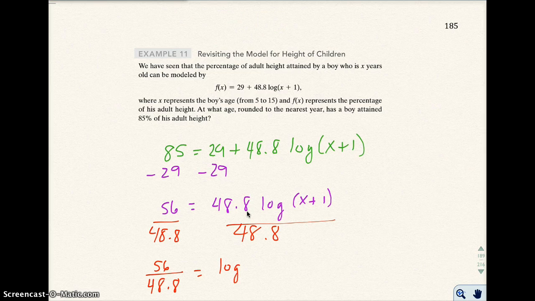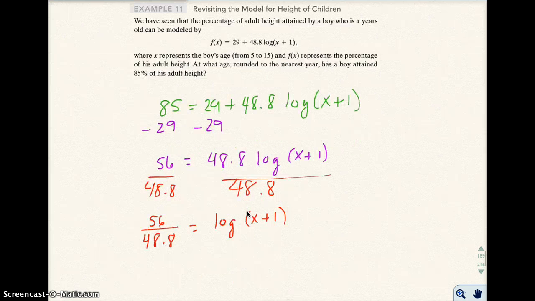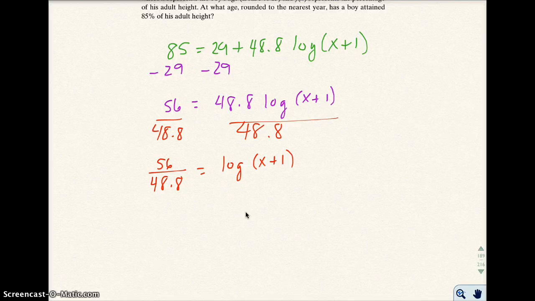So that's the exact answer right there. Now I have a logarithmic expression. So remember, we're going to translate to what it means. The base here is 10. My exponent is going to be this, and it's going to equal this. So 10 to the 56 over 48.8 is going to equal x plus 1.